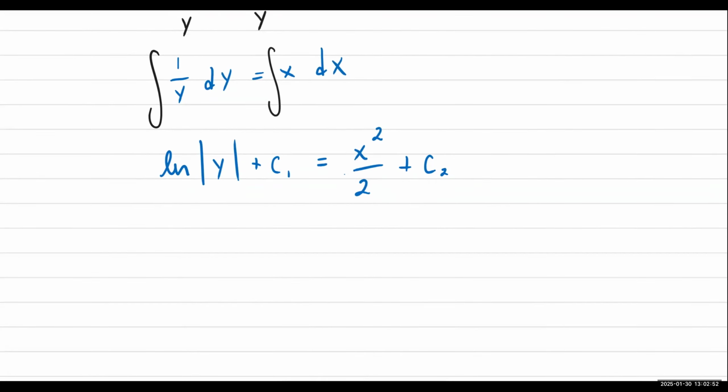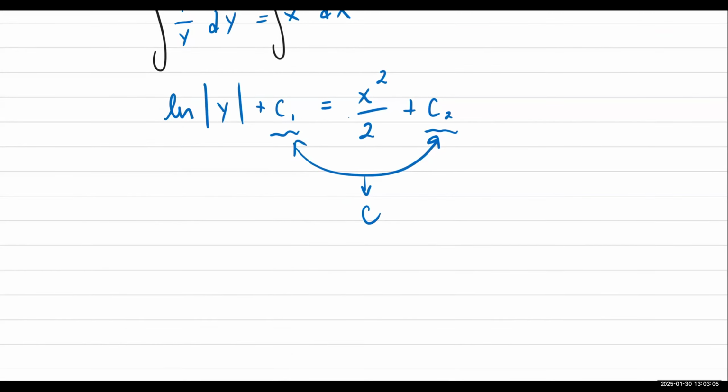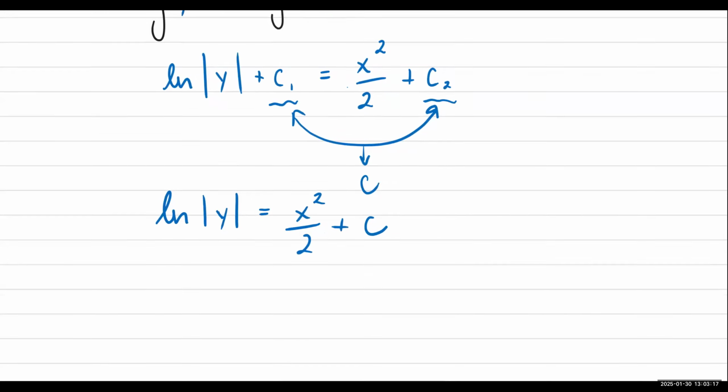Now, the reason why these combine is these constants can be anything. They're very general. So if you were to simply combine them together into an overall super constant c, this simplifies our equation much better. So we'll have the natural log of y, and put the constants on one side: x squared over 2 plus c.